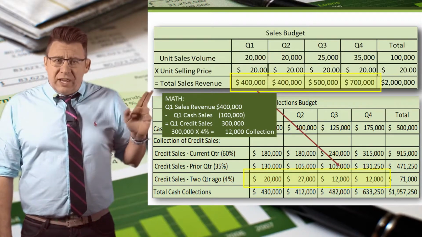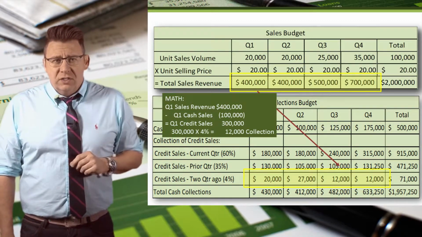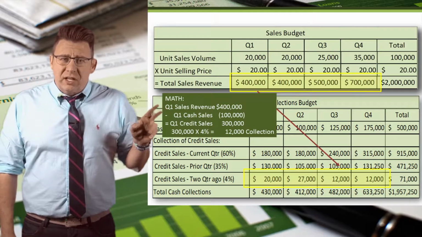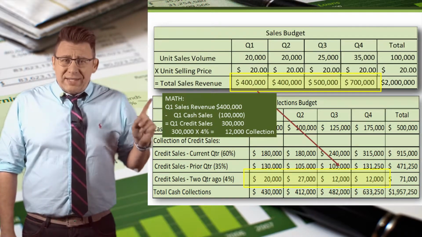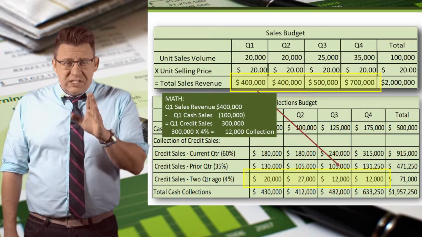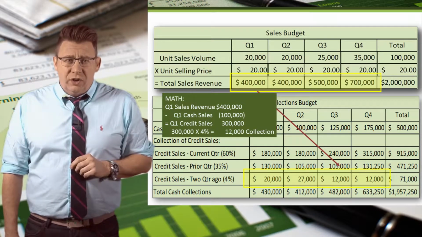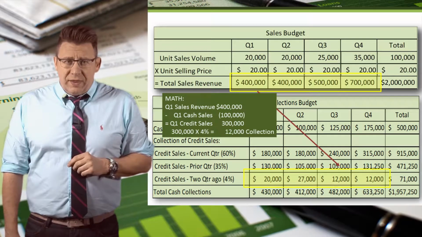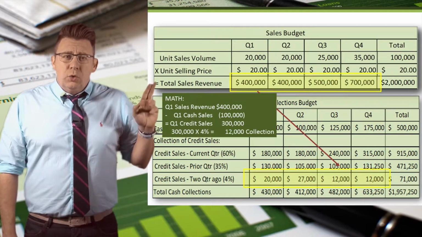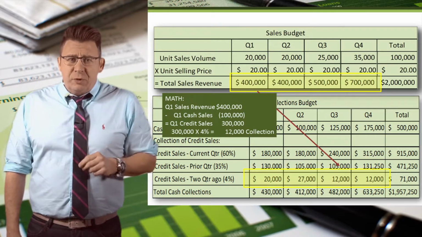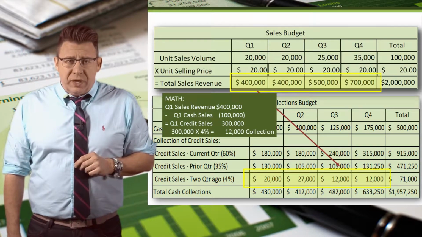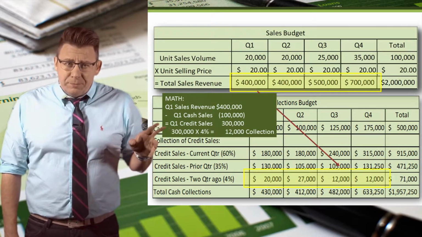So the cash collections for Q3 are as follows. Q3 cash sales, $125,000. Q3 credit sales, of which 60% is collected in Q3, is $240,000. Q2 credit sales, of which 35% is collected in Q3, that's $105,000.